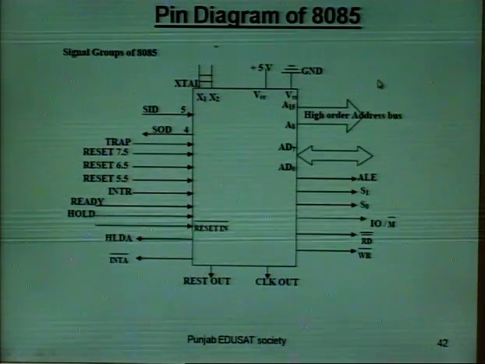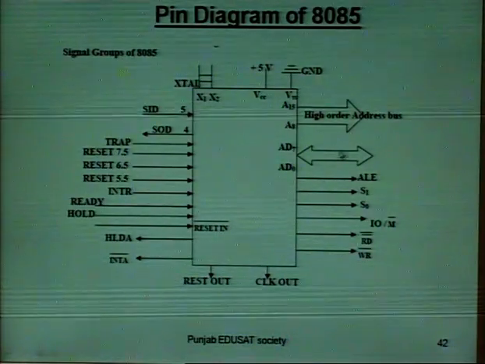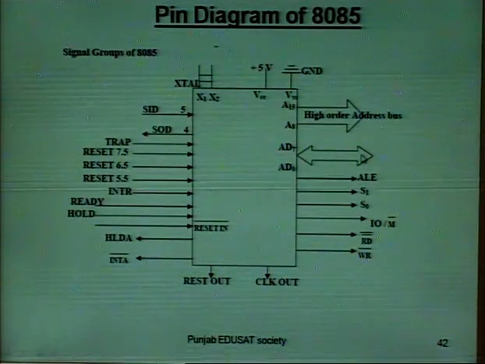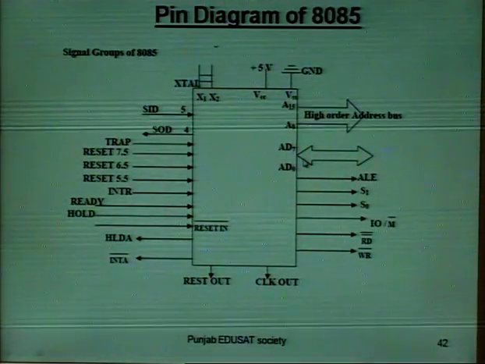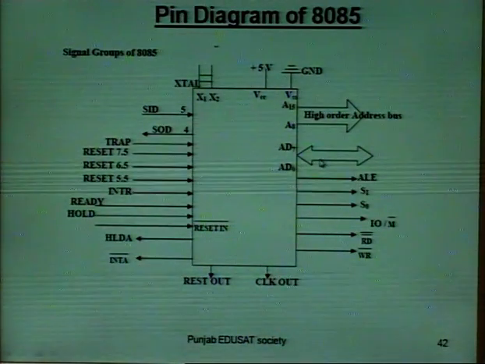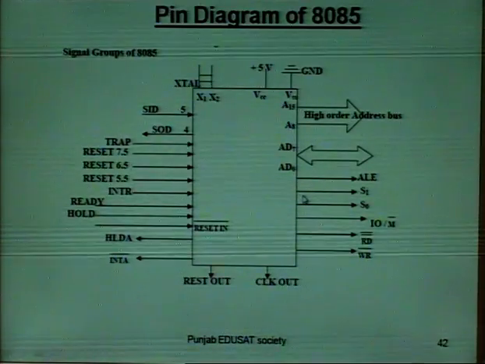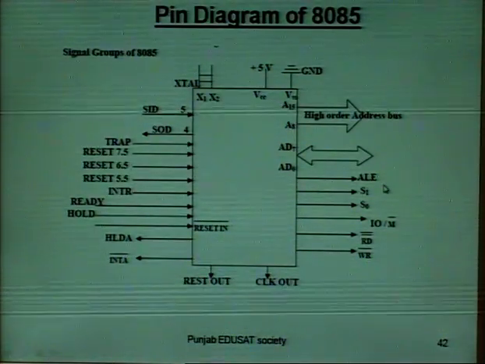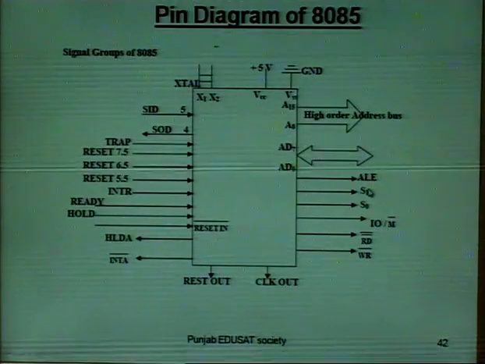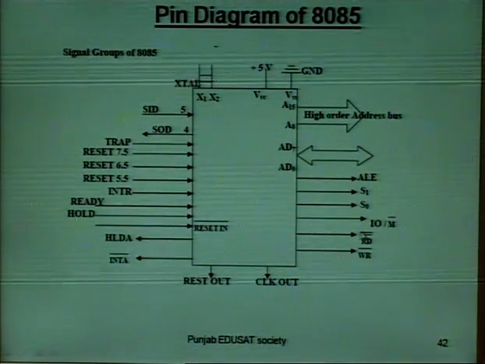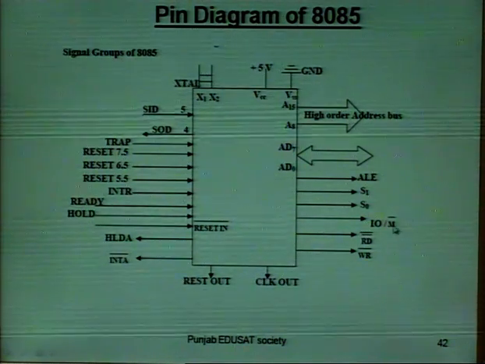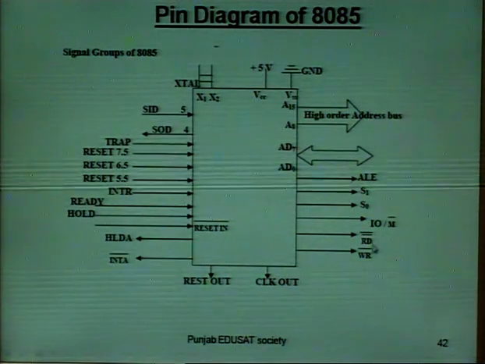After that we have address buses, the high order address bus and the low order address bus, that is the bidirectional address. The low order address bus is multiplexed with the data bus. Then we have address latch enable, S1, S0, these are two status signals. After that we have input output/memory, read, write.